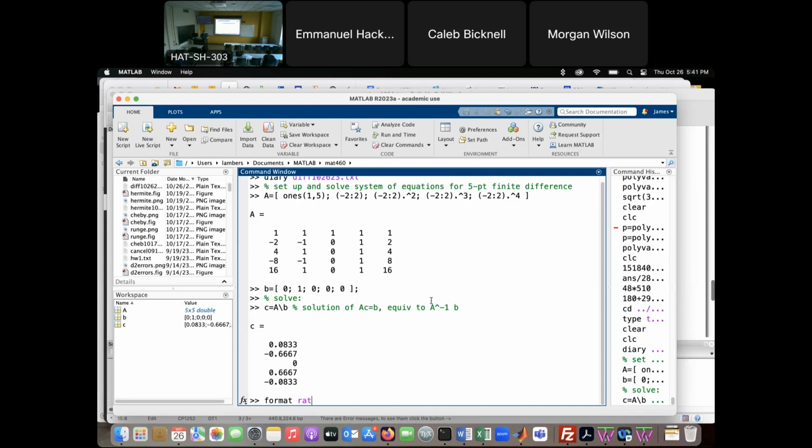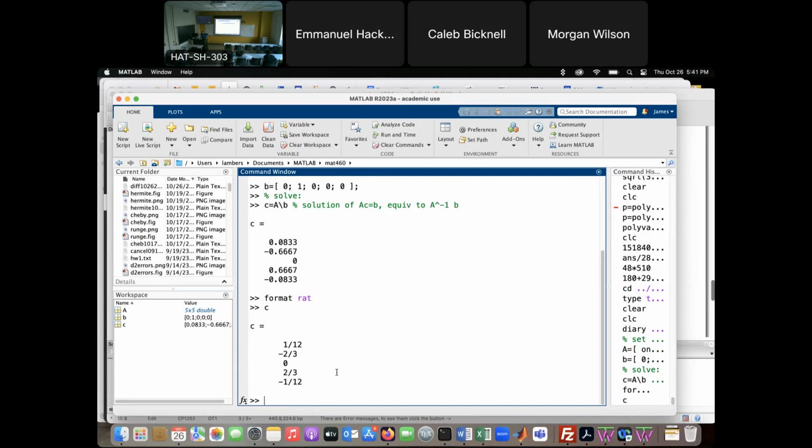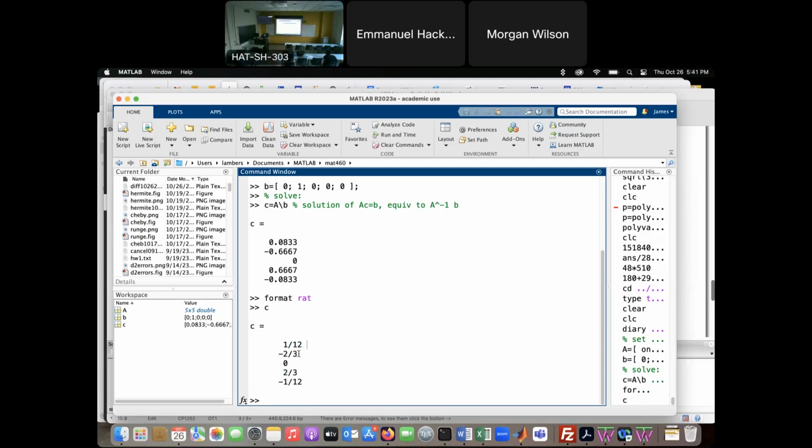Oh, yeah. Okay, so if I do format rat, and display C again. Okay, so now we see it as fractions. So to compare with what I have in the notes from last time, the first entry is for the coefficient of x naught minus 2h, then x naught minus h, then x naught is 0, so it won't appear.